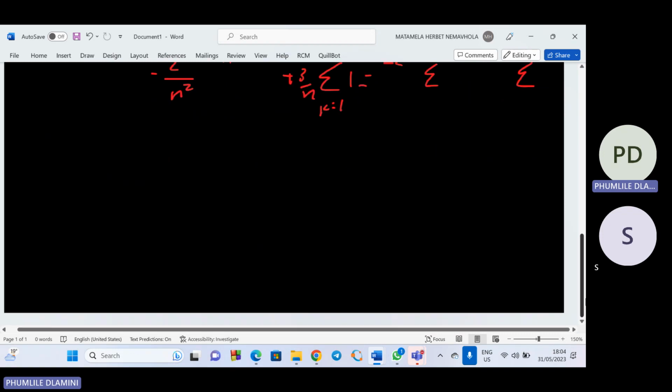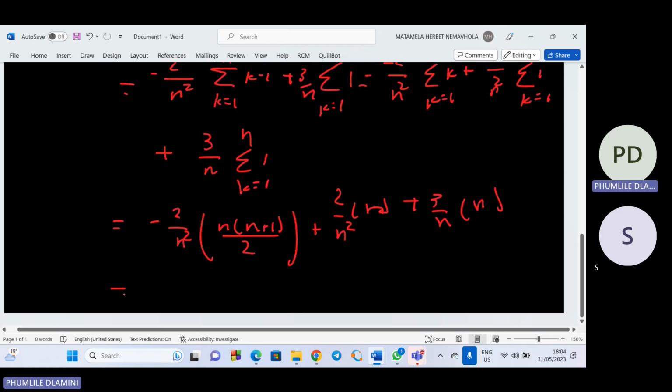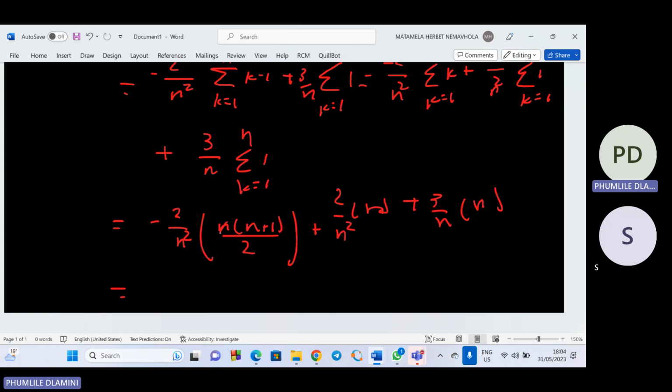So the equation here is going to end up with this cancelling with this one here, and this 2 will cancel there. Then we're going to end up having minus n minus 1. Then this will cancel with this one. Then plus 2 over n. And this one will cancel with this. We're going to be left with plus 3. If we rewrite it, we're going to have 2 over n minus n plus 2.